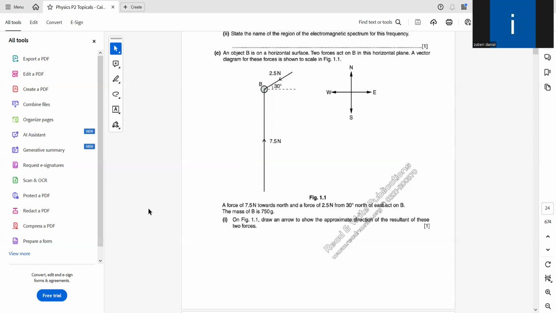Sir, is this correct? Yes, sir. This goes on like this. So the resultant is correct.